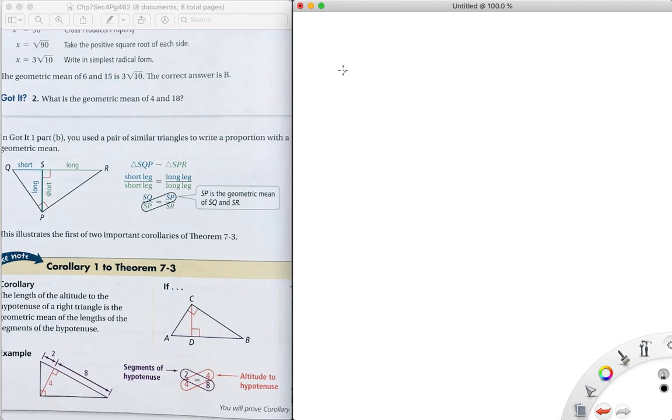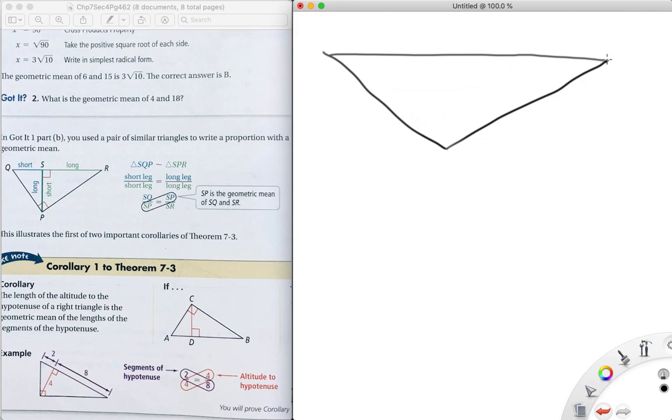We have our right triangle. Try this again. Okay. We have a right triangle. We come straight down.